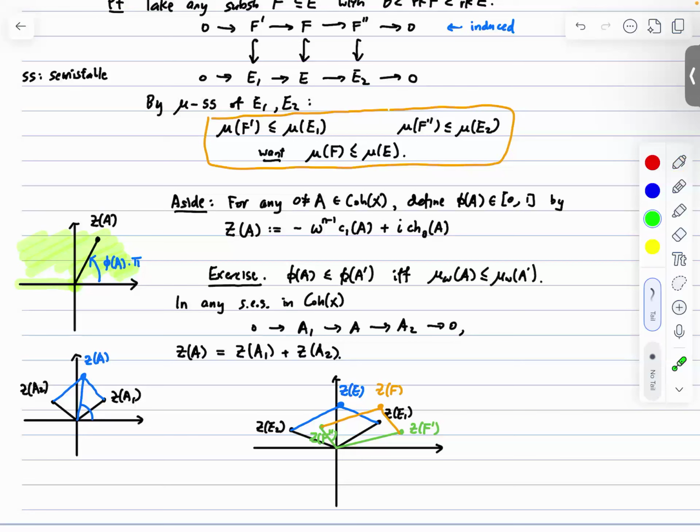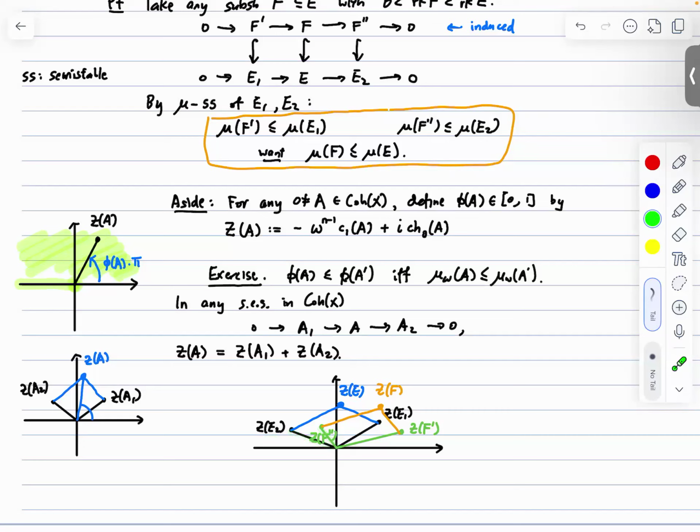Yeah, so the idea is when you go from E to f, it's as if you're replacing E1 with f prime, and you're replacing E2 with f double prime. But then when you switch from E1 to f prime, the angle reduces. And when you switch from E2 to f double prime, the angle also decreases.